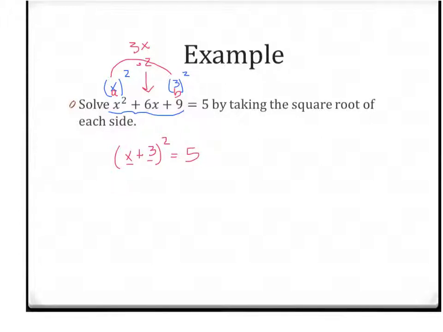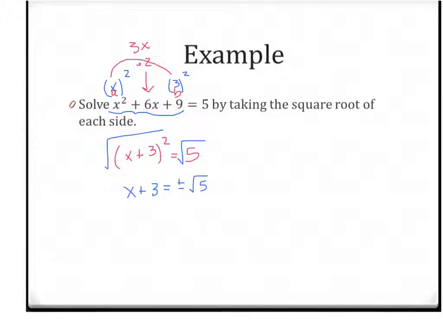I don't have to have this one equal to 0 like I do for the zero product property. So if I can write it like this, the rest is pretty simple: I'm going to square root both sides. X plus 3 equals, we have to add a plus or minus, and you can't break down the square root of 5, so you just leave it.